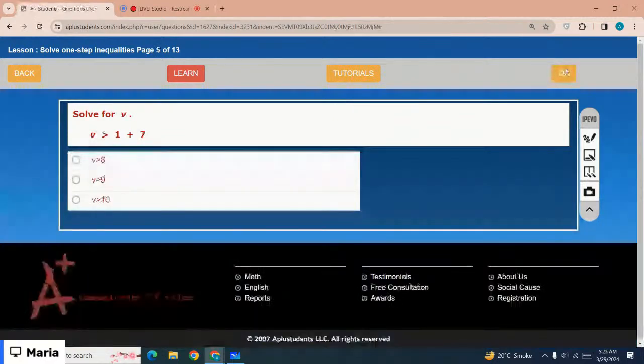Okay, the next one is solve for V, which is the correct option. The correct option is V is greater than 8.